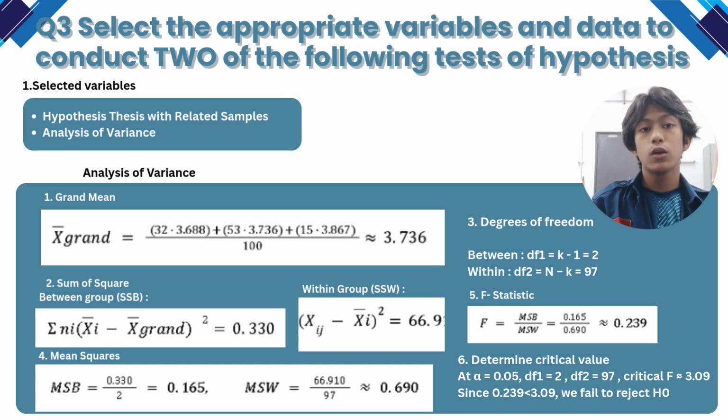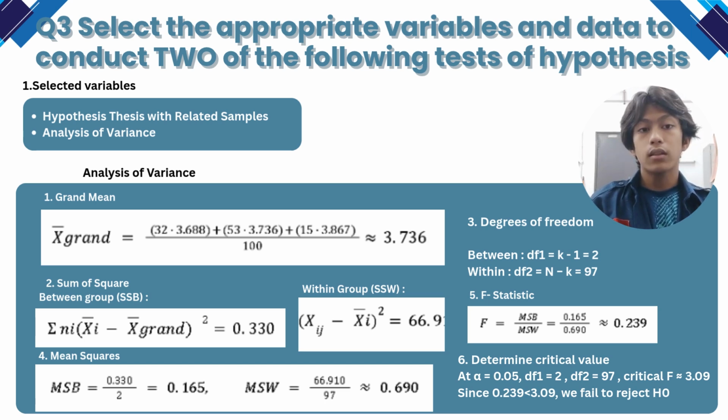To test whether the between group differences were significant, we calculated the F statistic by dividing the mean square between groups, MSB, equals 0.165, by the mean square within groups, MSW, equal to 0.990. The resulting F value was 0.239.